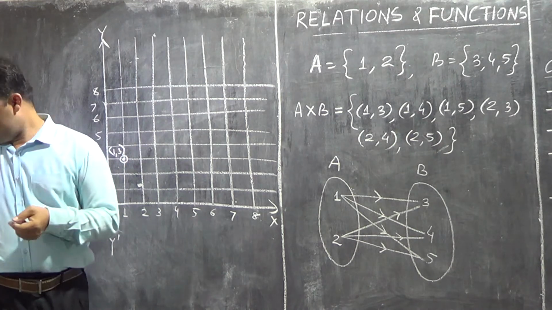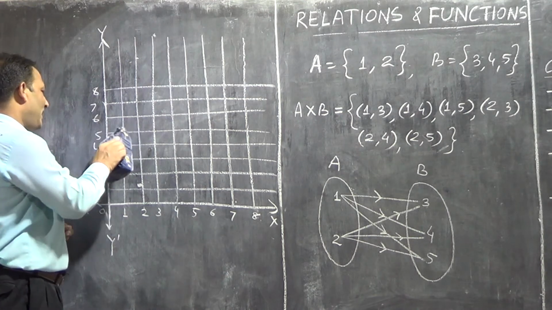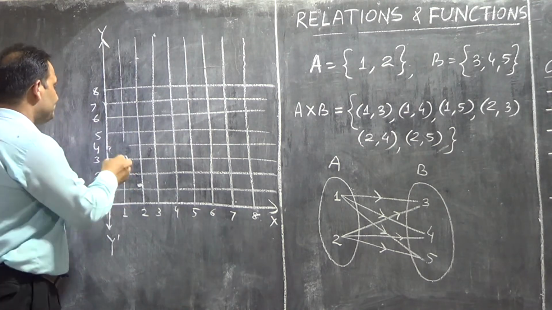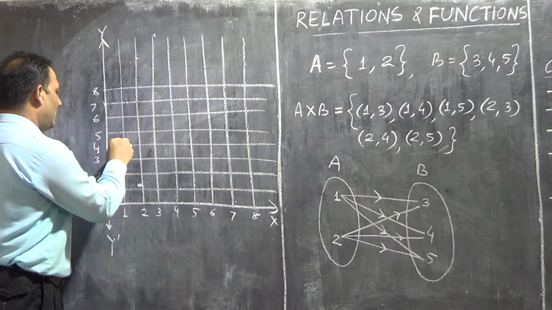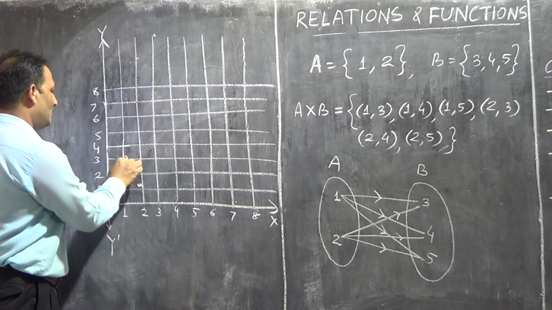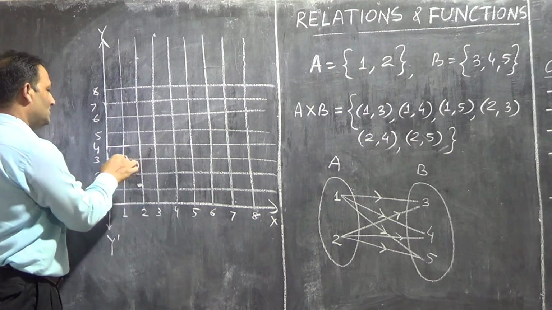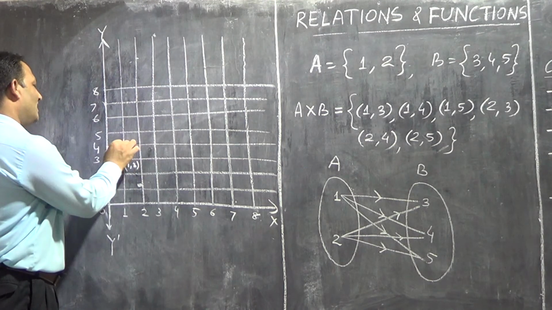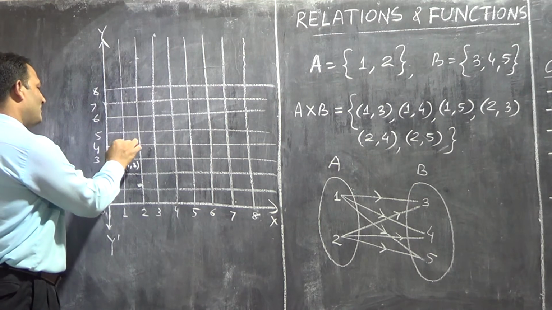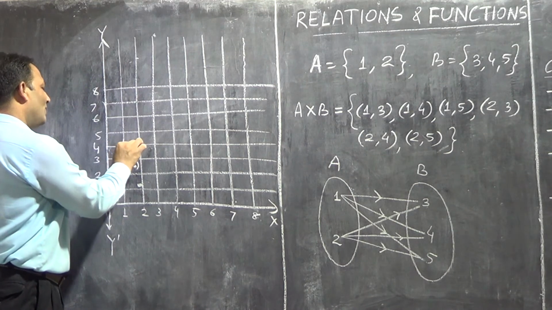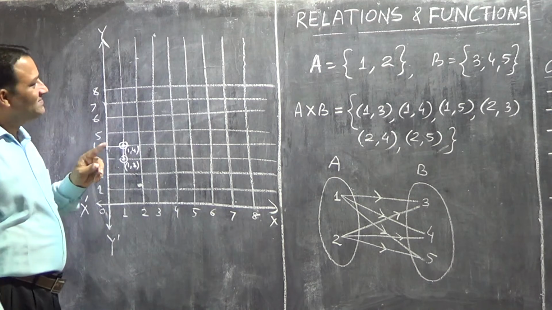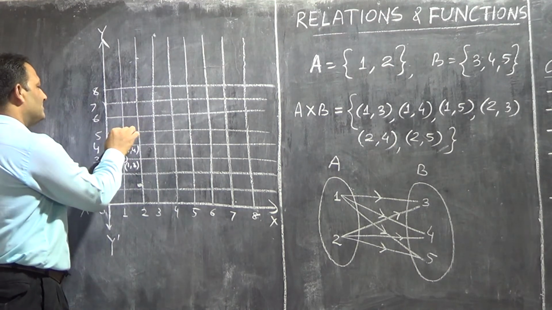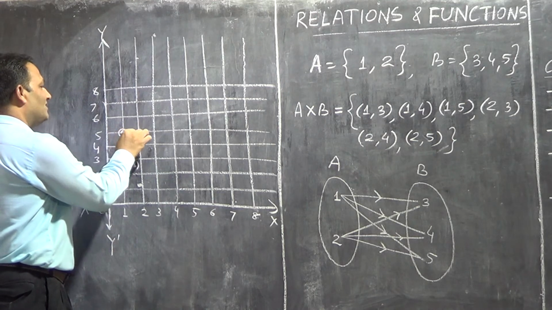Because here there is no space, I will write it below. Sorry, 1 comma 3. Then 1 comma 4 is another point. Then one more point is 1 and 5.